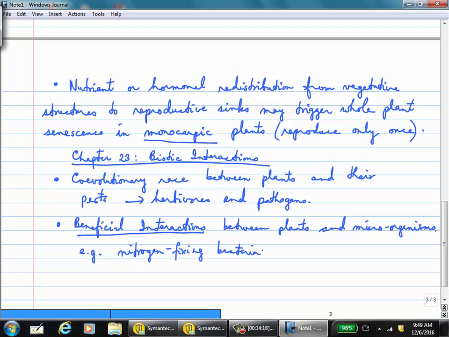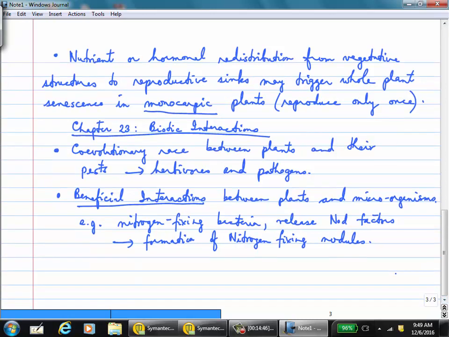And we have talked about how these nitrogen fixing bacteria release what are called NOD factors, and these interact with the plant and lead to the formation of nitrogen fixing nodules on the plant root.